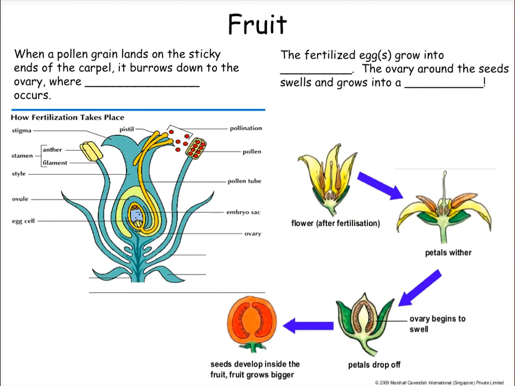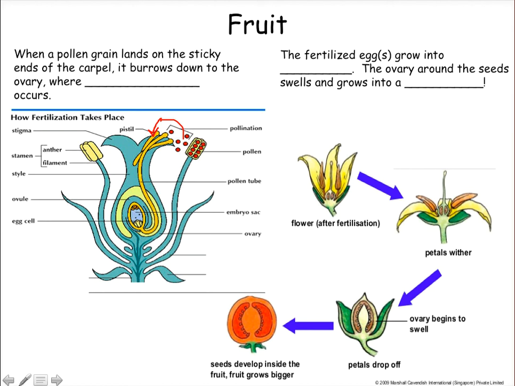All right, so when a pollen grain lands on the sticky end of a carpel, okay, so here's, again, in our diagram, here's our pollen. Once it gets to the sticky end of the carpel, what will happen is that the male sex cell, which is within the pollen, will make a tunnel.